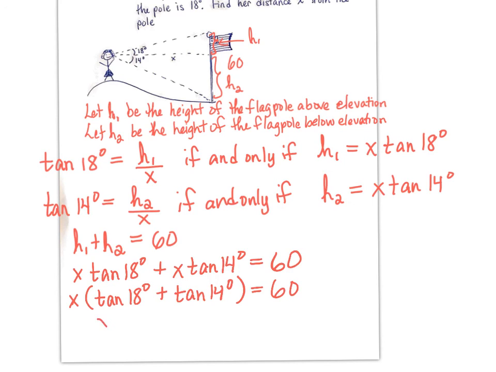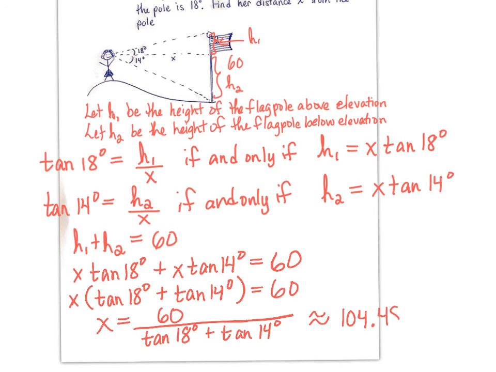So X is equal to 60 divided by tangent of 18 degrees plus tangent of 14 degrees. That's approximately what? 104.48. So 104.5 or 104.48, since that's what we've been doing, feet. Good. That's your final answer.